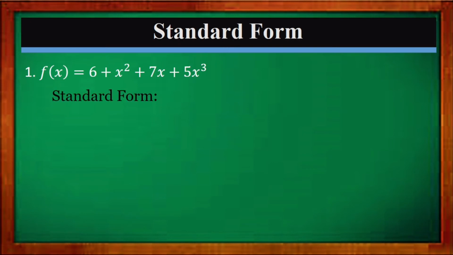And our standard form for number 1 is f of x equals, so mula sa may pinakamataas na exponent, we have 5x cubed. Next one, so since ang first term natin or yung may pinakamataas na exponent is 5x cubed, which is our cubic term, the next one will be our quadratic term, which is x squared. And next will be our linear term, which is 7x. And our constant term, which is 6. So the standard form for number 1 is f of x equals 5x cubed plus x squared plus 7x plus 6.